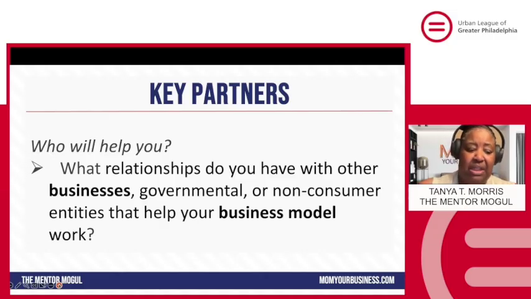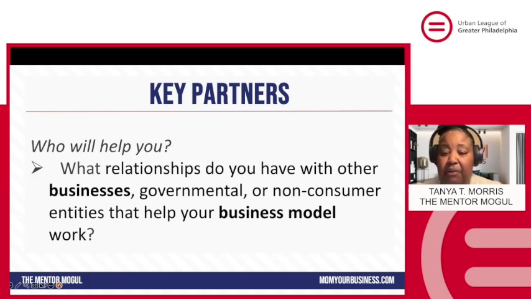I'll use the example of a t-shirt company, or an apparel company, that wants to launch a dynamic new streetwear or cultural brand. They start with a t-shirt. Well, a key partner would be where they're going to get the shirts from. Another key partner would be who's going to print it.